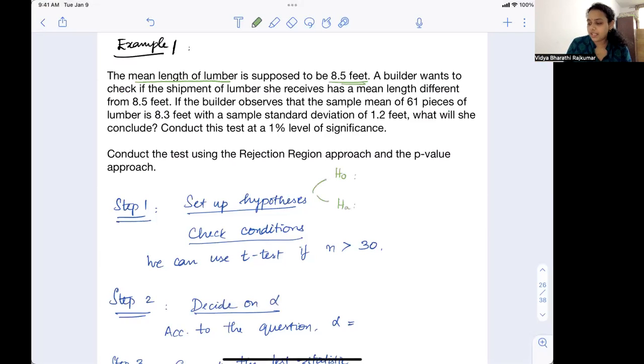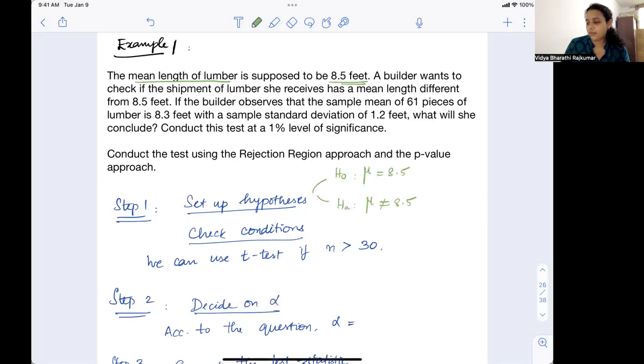So here, in this case, I'm going to say that the null is that mu is equal to 8.5. Okay, so the mean length is supposed to be a certain number, but then this particular builder wants to check if the mean is different from 8.5. So here, I'm going to specify that the alternative is that mean is not equal to 8.5.